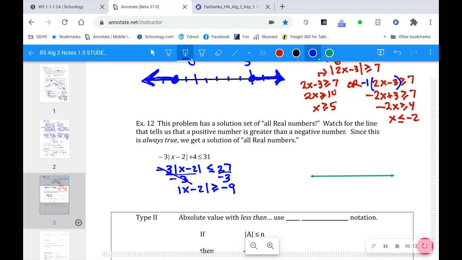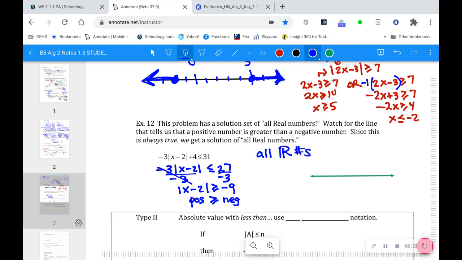Now, at this point, it really takes paying attention here. This is a positive value. And to say that positive numbers are bigger than negative numbers, that's always true. And when it's always true, all real numbers work. So the solution is all real numbers.